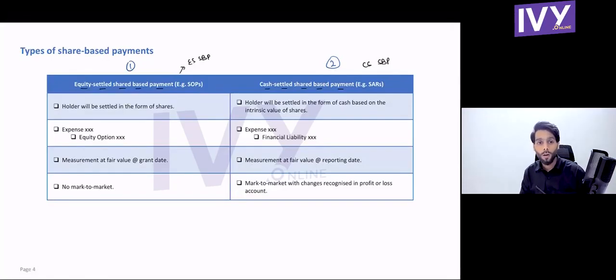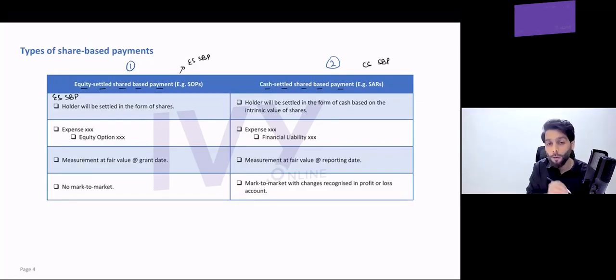Now, sir, what is the difference between these two types of share-based payments? Equity settled share-based payment transaction is a transaction in which the holder will be settled in the form of shares.